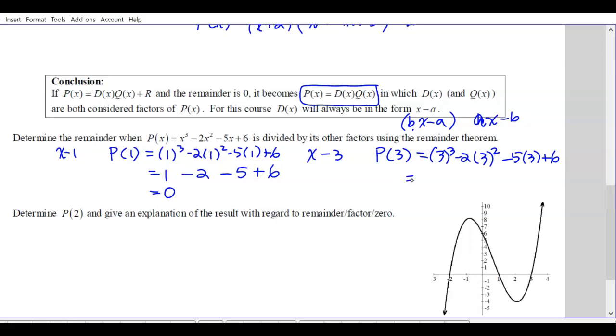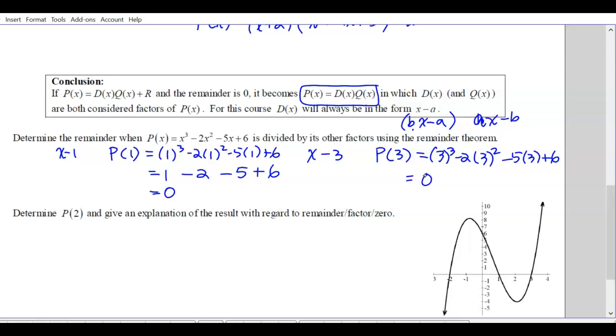So 27 minus 18 minus 15 plus 6, that's 0. Okay, and that's what it should be, right? So if you substitute a number into a polynomial and you get 0, that means a factor of that polynomial is x minus this number that you substituted in.